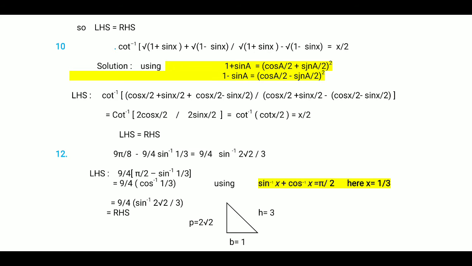Now there is question number 12: 9 pi by 8 minus 9 by 4 sin inverse 1 by 3 is equal to 9 by 4 sin inverse 2 root 2 by 3.